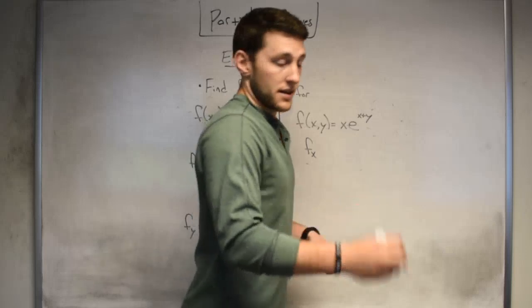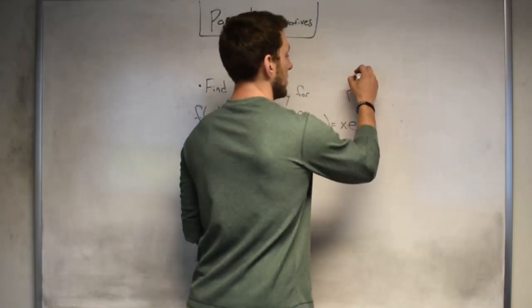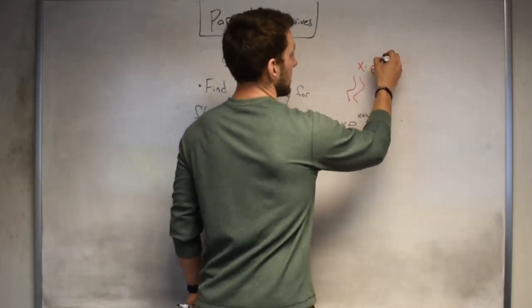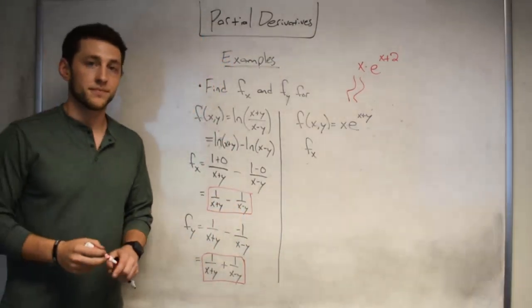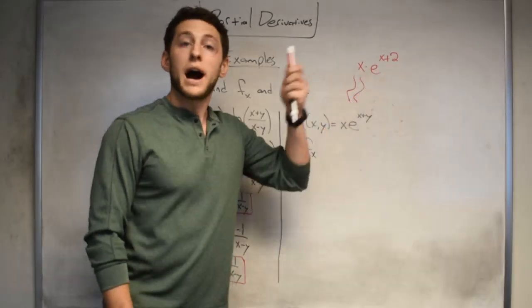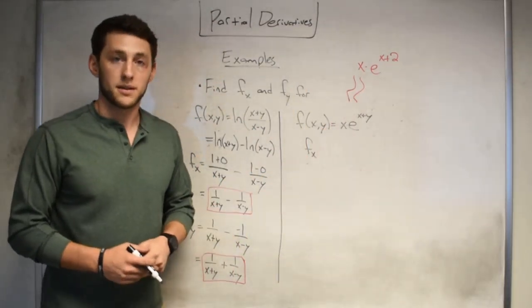If it helps, in my head when I'm finding f sub x, I'm viewing this function as no different than x times e to the x plus some constant, let's say 2. If I were to derive this thing with respect to x, I would need a product rule. And hence, I do need a product rule right here.